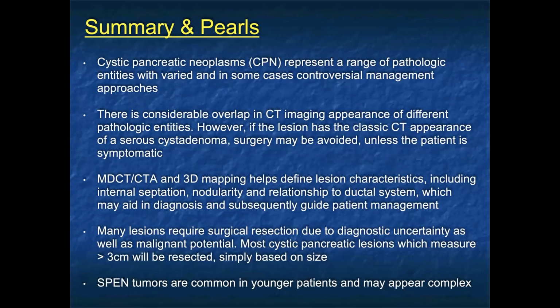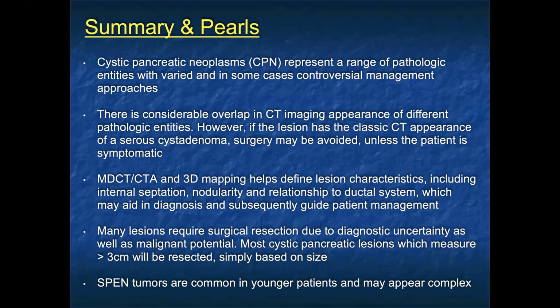You want to be able to recognize the SPENs, particularly because of the age of the patient. I have to admit, on the older patients, it's in my differential occasionally, but it can be a very difficult diagnosis. Again, as I showed you, things like MIP imaging, 3D rendering can be very helpful. I showed you how the 3D helps with rim enhancement, like in those cystic neuroendocrine tumors.